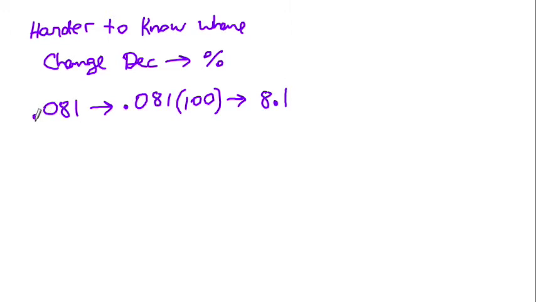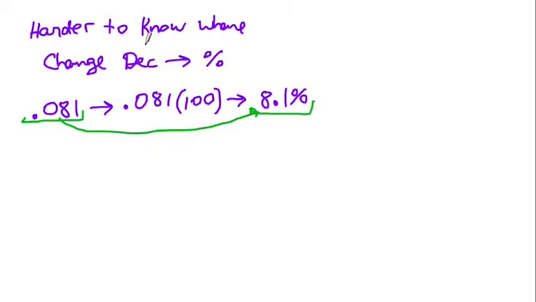Now that's not saying that 0.081 is the same thing as 8.1. Remember that we have to put in a percent. Then these two numbers are equal to each other. 0.081 has the same numeric value as 8.1%. It's just this side is written as a percent, this side is written as a decimal.